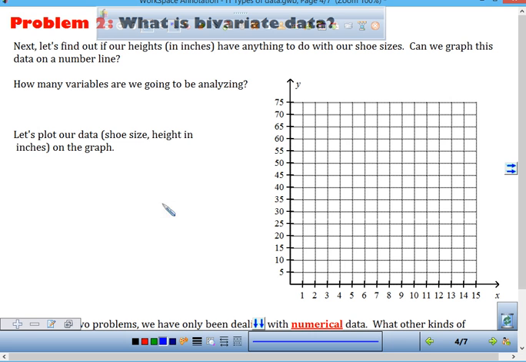Chelsea, you got your height? 67. And then what was your shoe size? 10 and a half. So your first one is going to be 10 and a half and 67. So 67 right about there. Aaron? And shoe size?